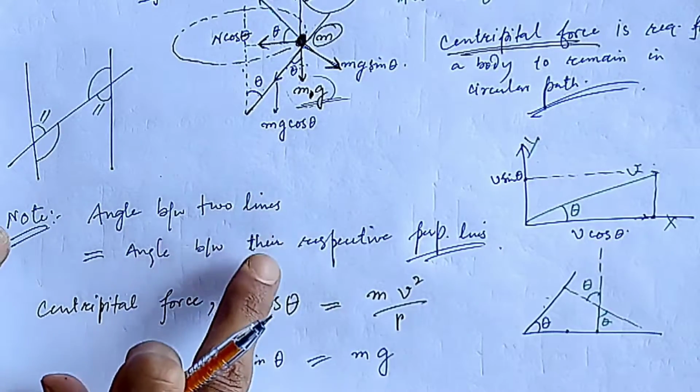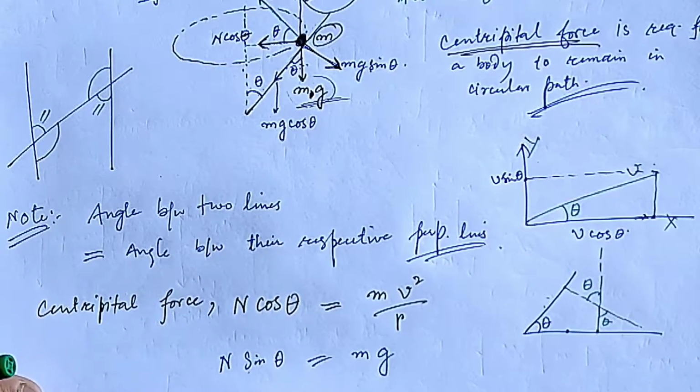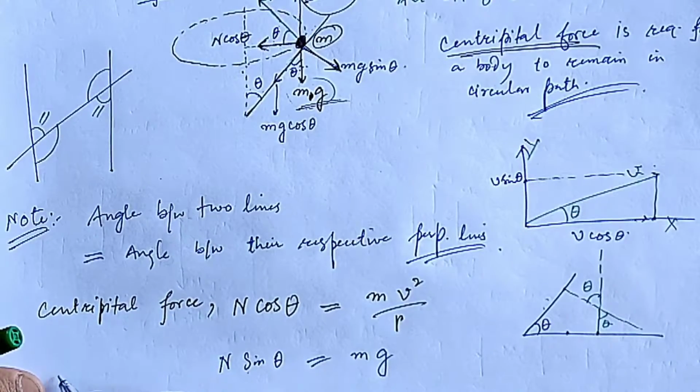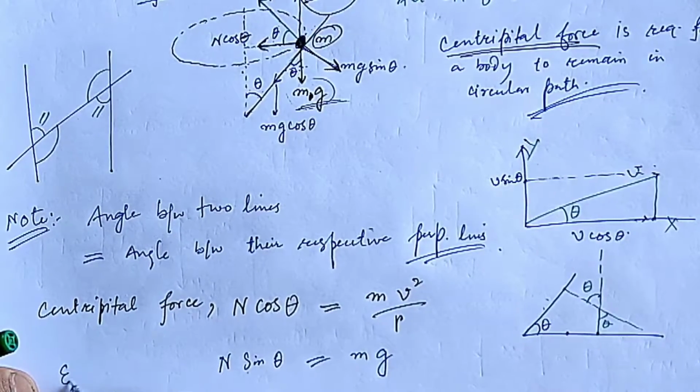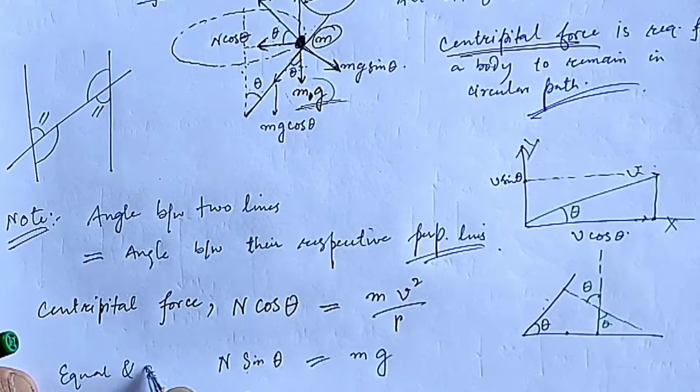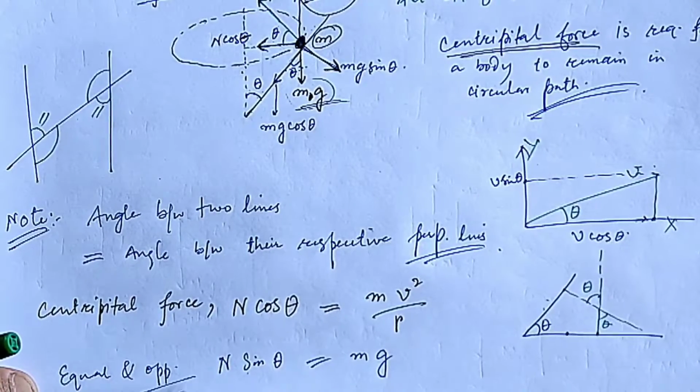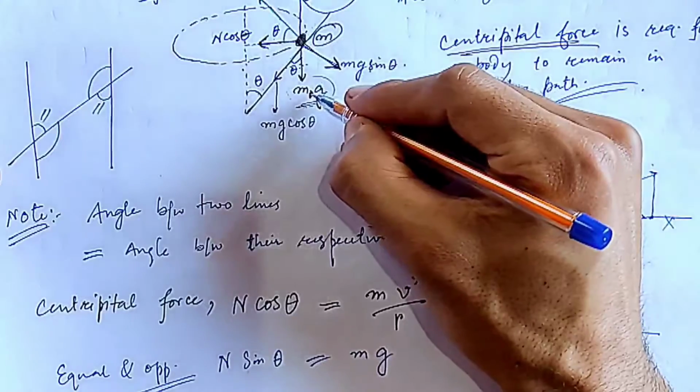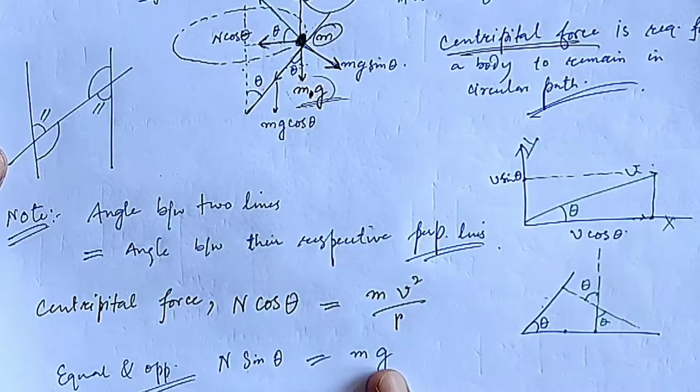These components counterbalance each other, equal and opposite forces to each other. N sine of theta will be equal to the weight of the body, mg.